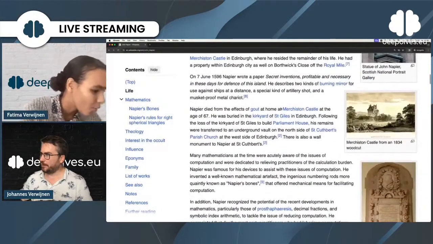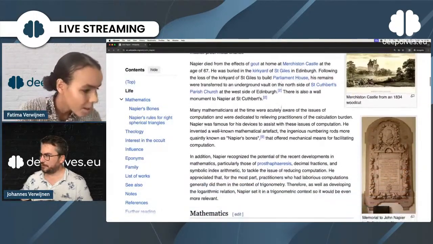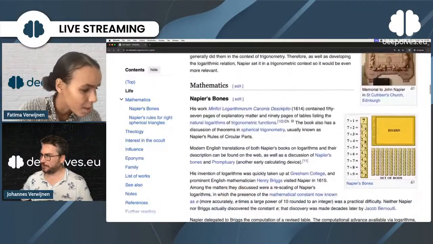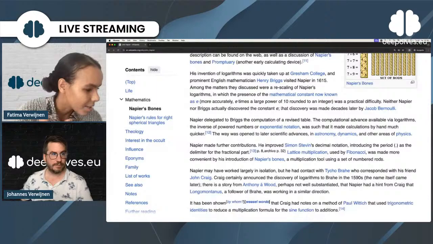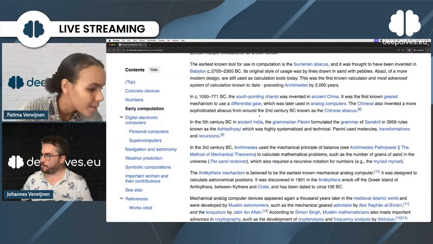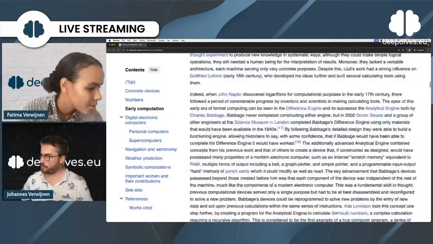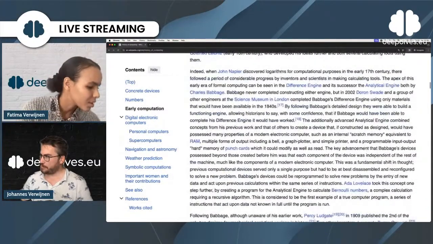And then continue forward, 1621, we were given the idea of the slide rule, and it was Edmund Gunter. Oh no, let me check.